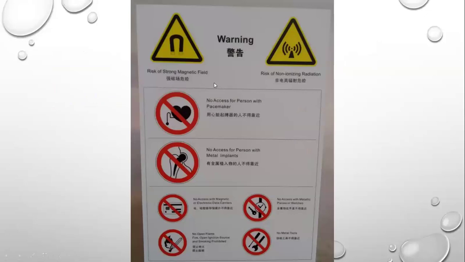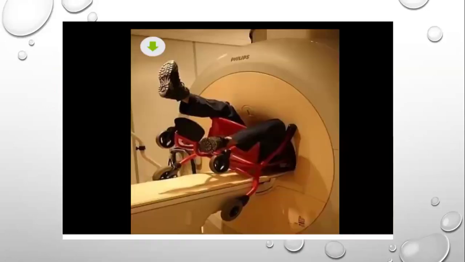This is standard signage, which says, if you have a pacemaker, contraindicated, or if you have implants, these are some of the things that can react to the magnet, which are properly displayed in the department so a patient is able to see and identify. This is an example of a patient who's wheeled in with a wheelchair, and the picture itself doesn't need any more description.